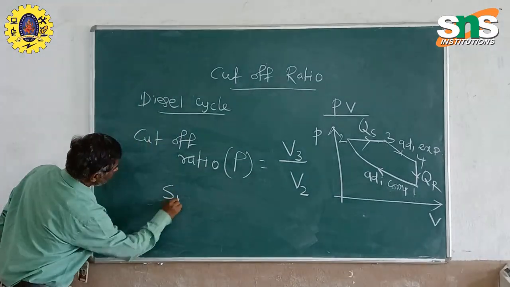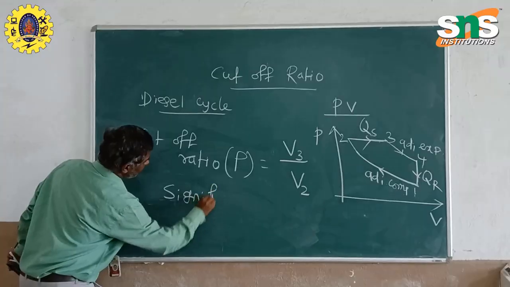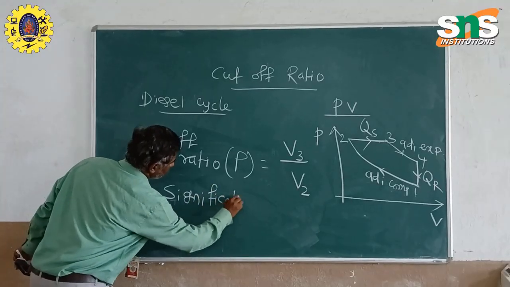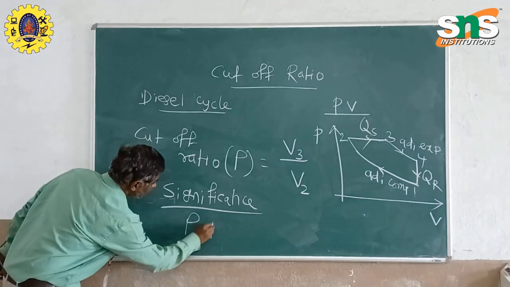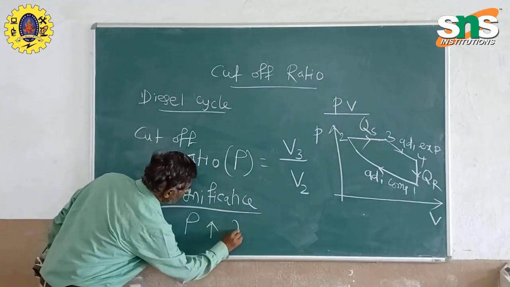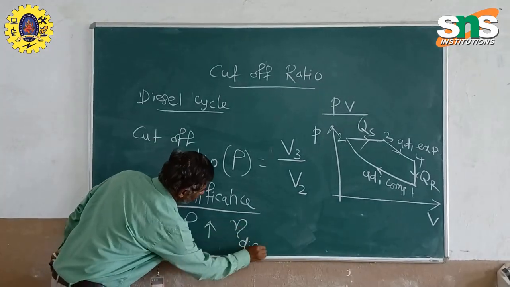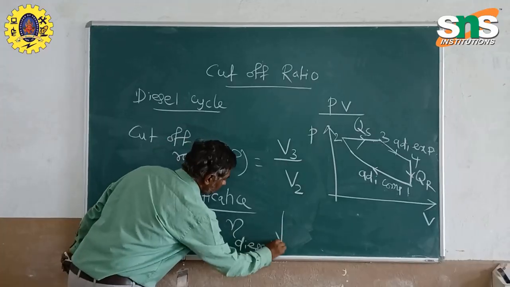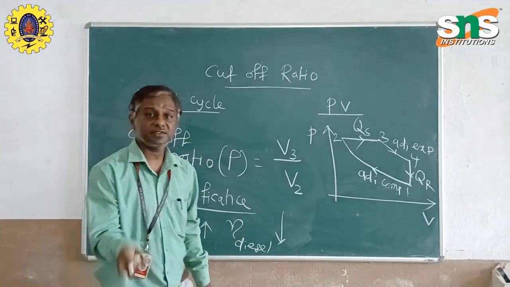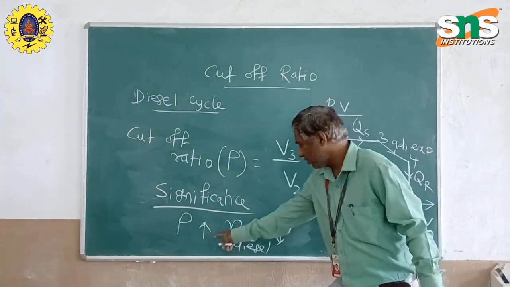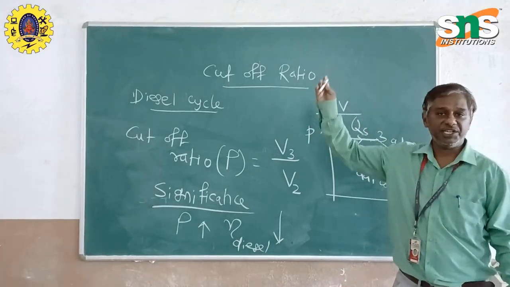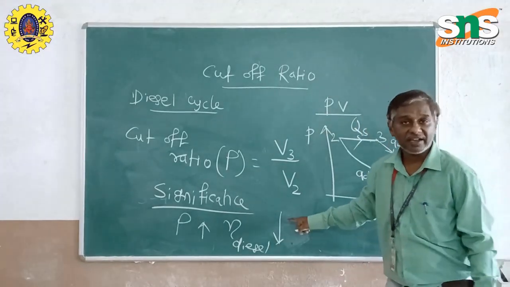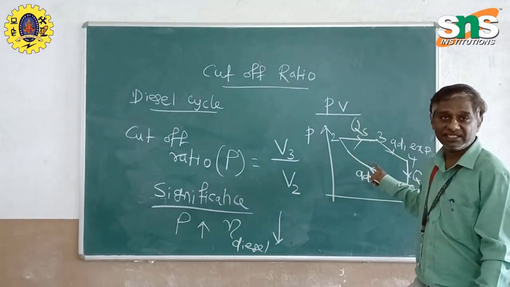The significance of the cutoff ratio is the main important thing. If the cutoff ratio increases, the efficiency of the diesel cycle will come down. Vice versa, if the cutoff ratio comes down, the efficiency of the diesel cycle goes up. This is the significance of the cutoff ratio in the diesel cycle.